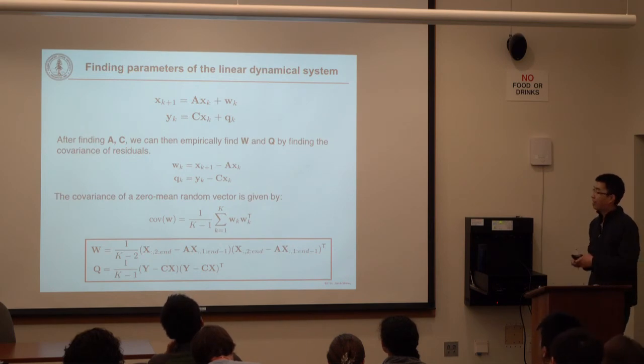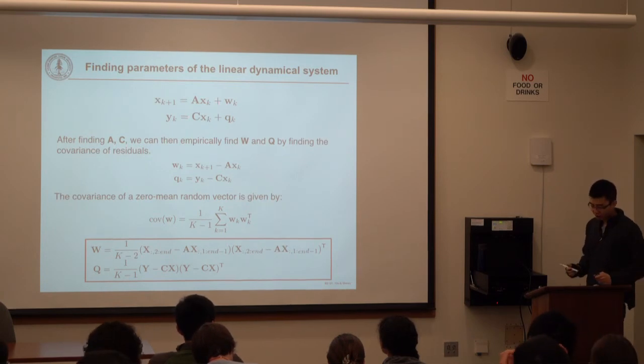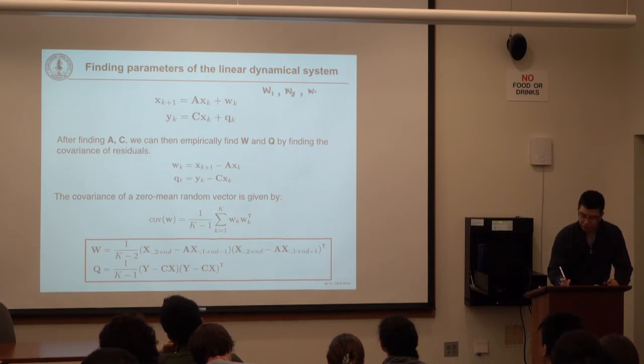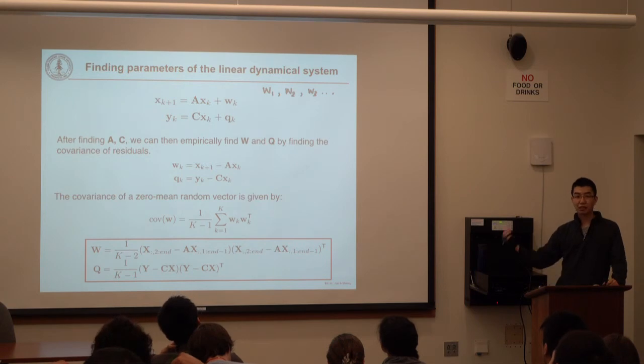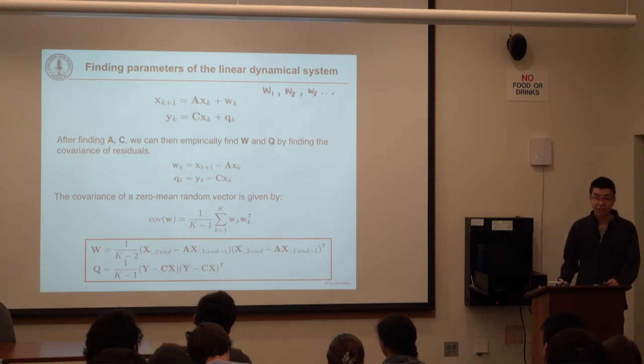All right, and then after we find the A's and the C's, we can find the W's and the Q's. If we were to observe W1, W2, W3, et cetera, and they were 0 mean, then we know from statistics a formula to calculate the covariance matrix.